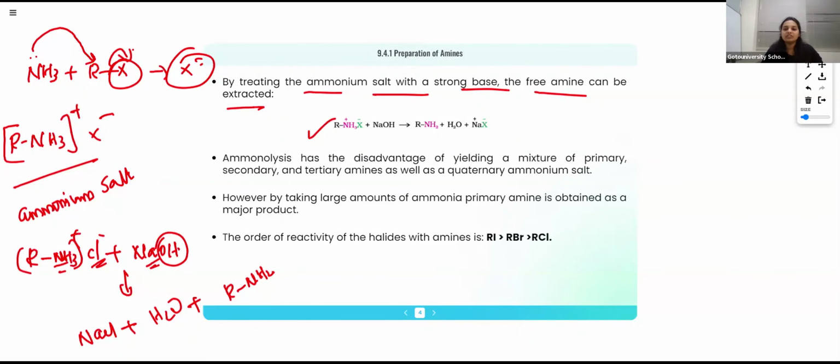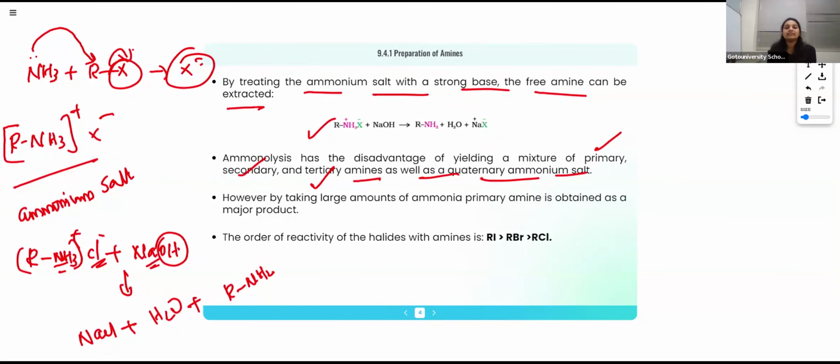Ammonolysis has the disadvantage of yielding a mixture of primary, secondary and tertiary amines as well as quaternary ammonium salt. Then what is the drawback of this process? Ammonolysis we can do in case of normal compounds, so we will get amines, right? Then what is the drawback of this method?